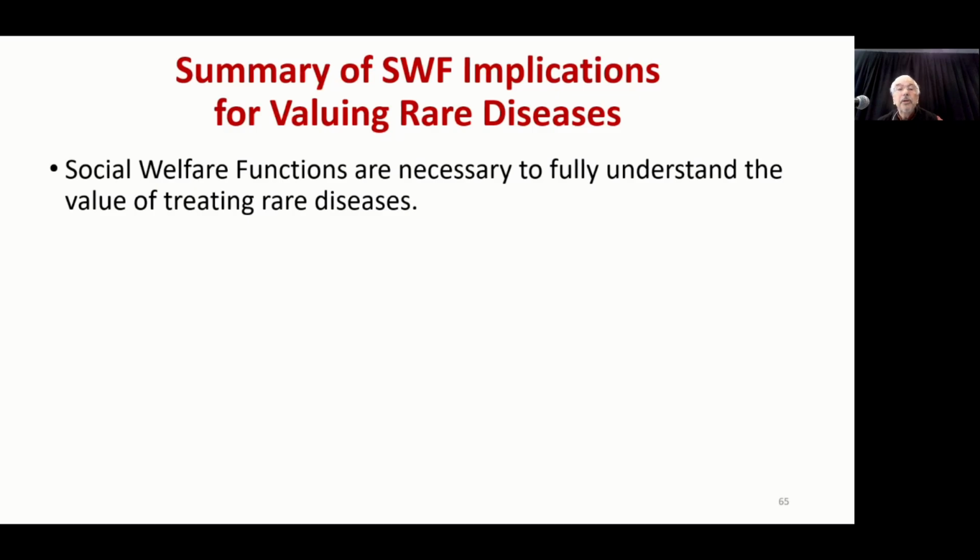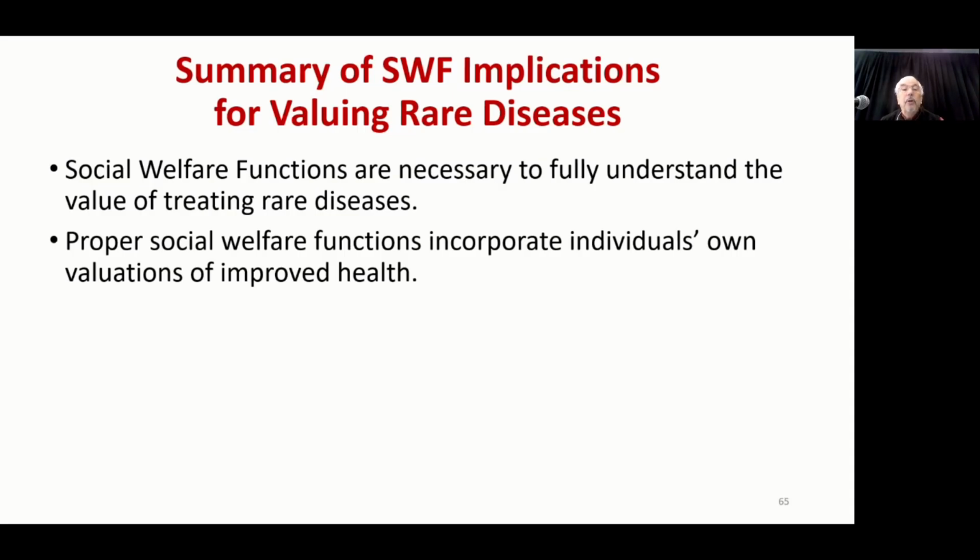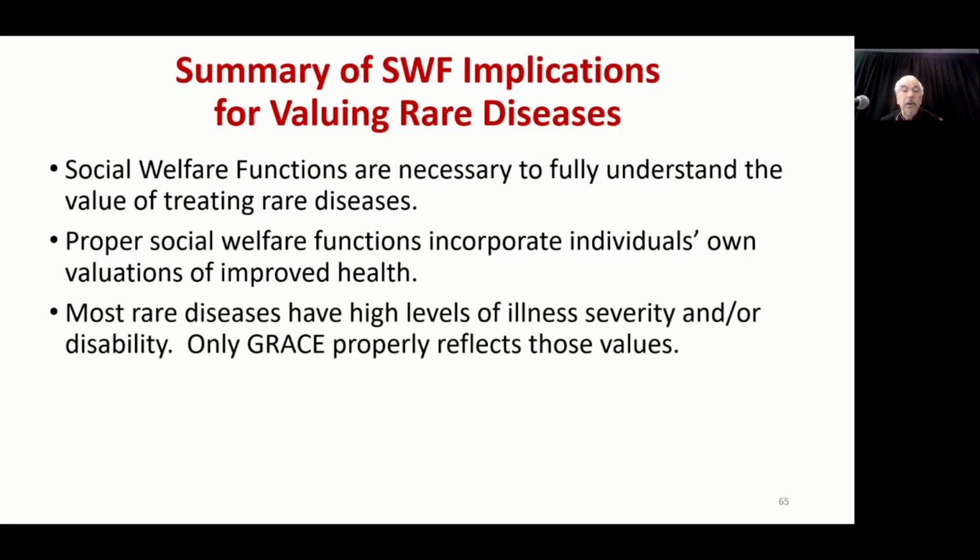So in summary, the concepts for evaluating rare diseases: societal welfare functions are necessary to fully understand the value of treating rare diseases. You can't do it on GRACE or cost effectiveness alone. The second implication is the proper social welfare functions. This is Harsanyi's work, which fully incorporates individuals' own values, which bring in severity and disability in the GRACE model.